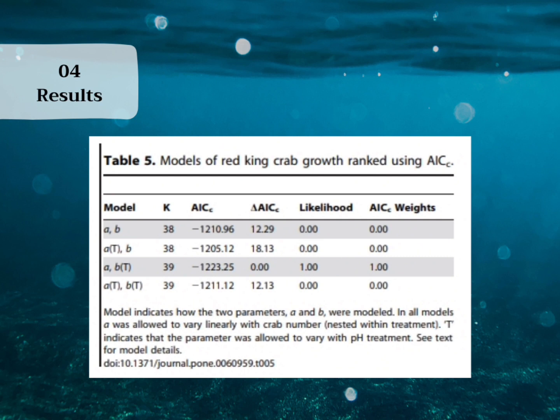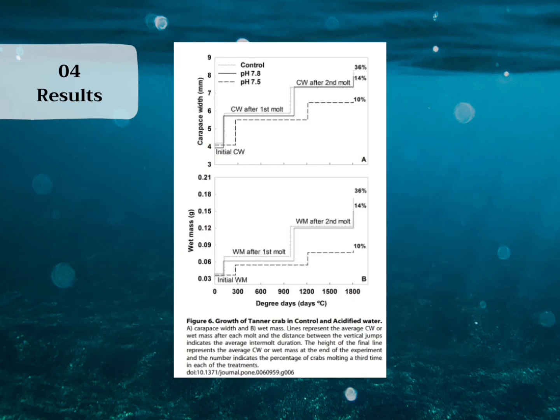Next, T within treatment indicates that the parameter was allowed to vary with pH treatment. See text for model detail. The AICc values vary only slightly, but this results in very significant differences, showing the different growth patterns of crabs. Figure 6. Growth of tanner crab in control and acidified water.